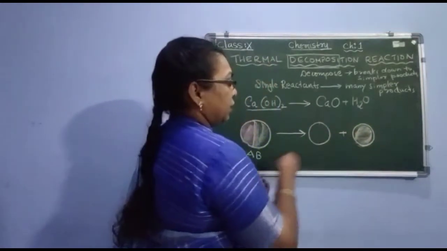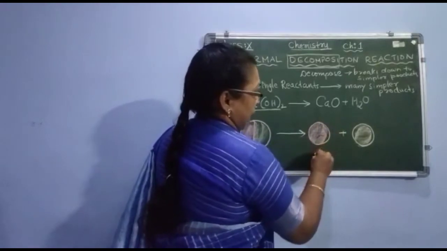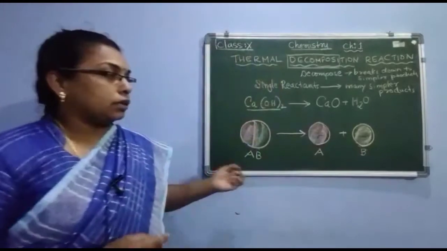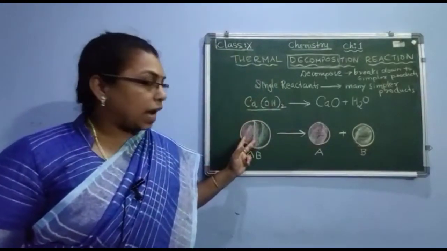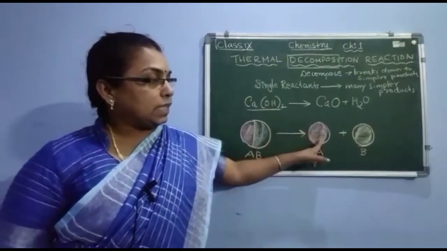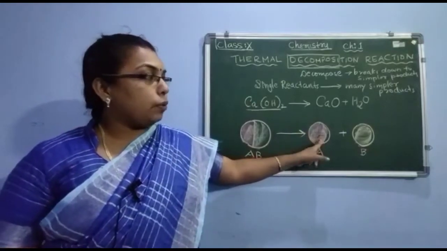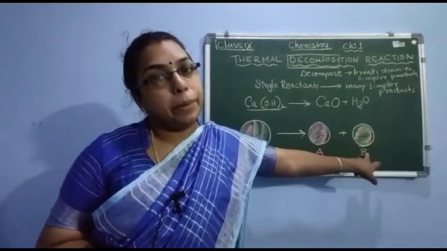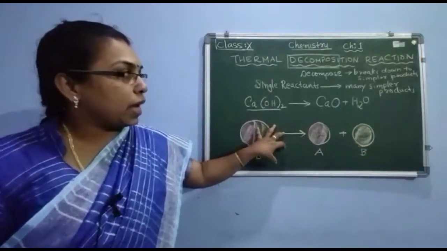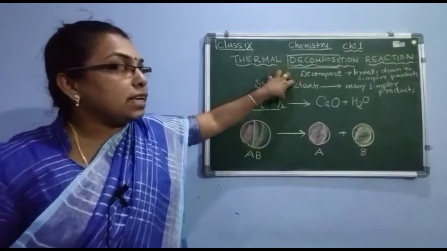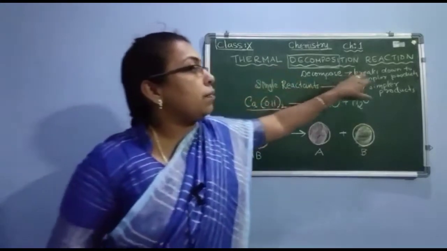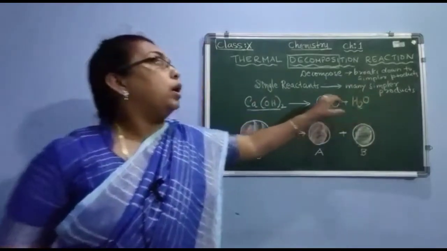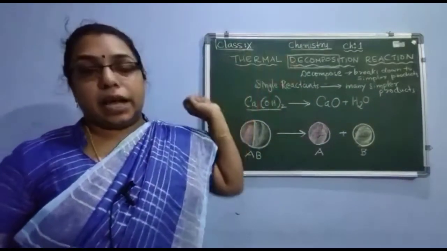My one product is A and another product is B. So I have a single reactant AB which decomposes or breaks down into the product A and the product B. And this type of reaction in which a single reactant decomposes into many simpler products is called a decomposition reaction.